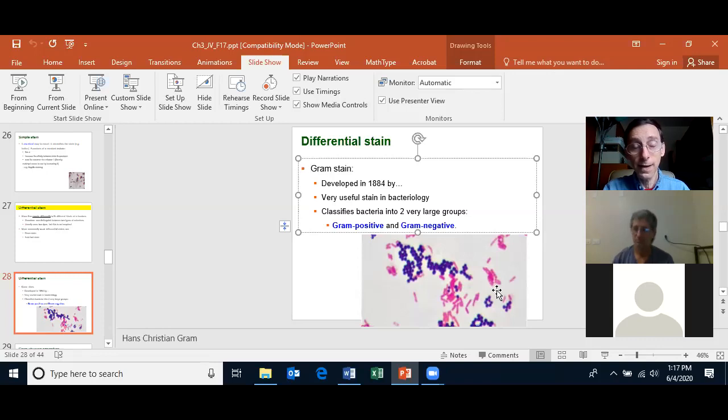Hans Christian Gram didn't intend it to be that way, but it turned out that way. So in microbiology, we still use Gram-negative and Gram-positive. It is the most commonly used stain in microbiology. Any question about that?